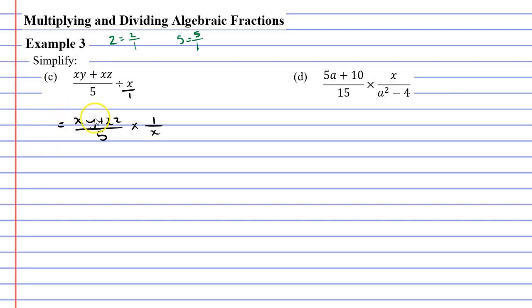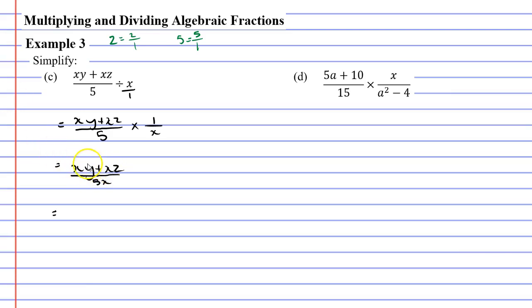So let's multiply the top two. If you multiply something by 1, it remains unchanged. So the top of my fraction is just x, y plus x, z. And then for our denominator, 5 times x will give us 5x. Now we're at the stage where we want to simplify our fraction, and when you've got two terms separated by a plus or a minus, that indicates to you that you need to factorize it. So we'll do that. What's our common factor here?